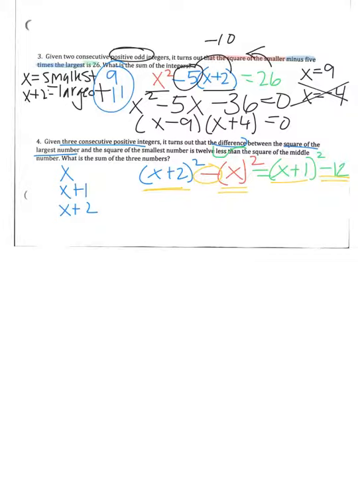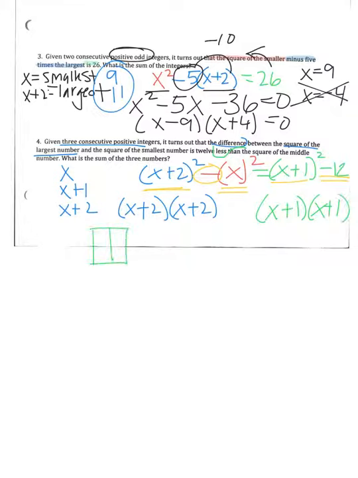Now you're required, when you do this, you have to take x plus 2 and multiply it by itself. x squared is x squared, and then you have to take x plus 1 over on the right-hand side and multiply it by itself. I'm going to jump ahead. You can choose to use box method to do this multiplication, or you could double distribute. Either way, when all is said and done, you get your whole equation.